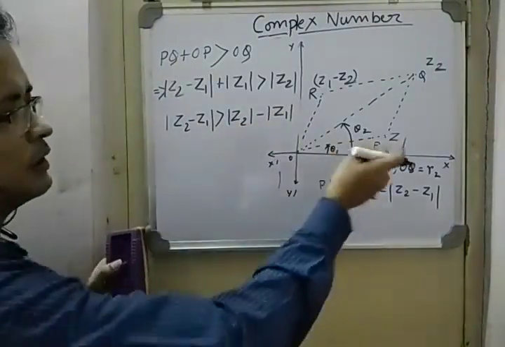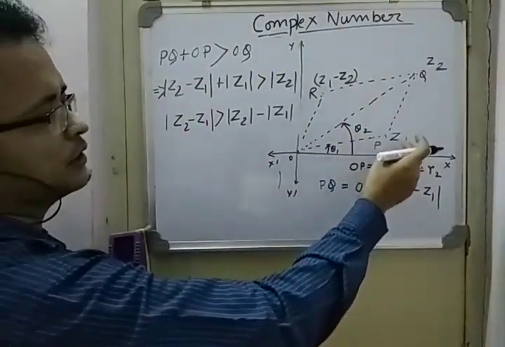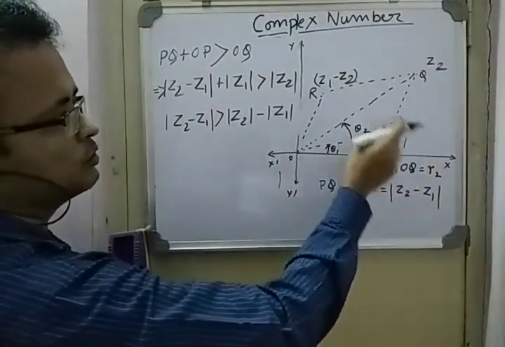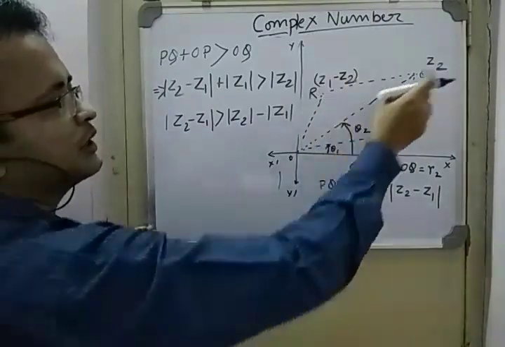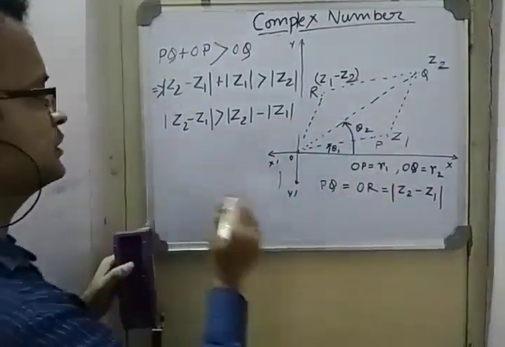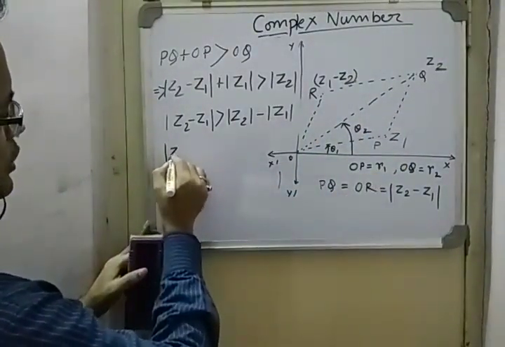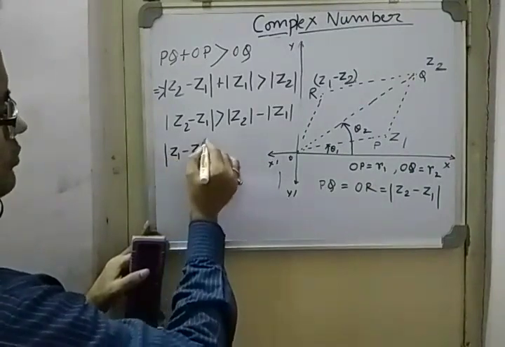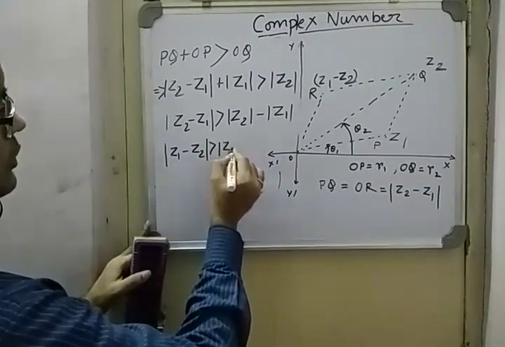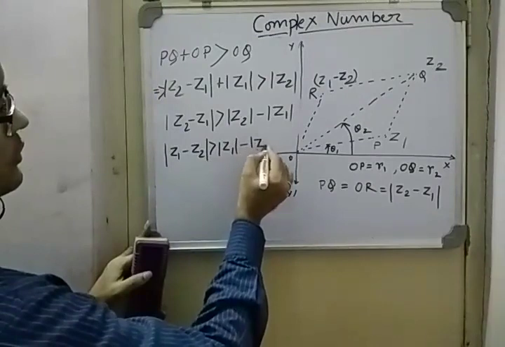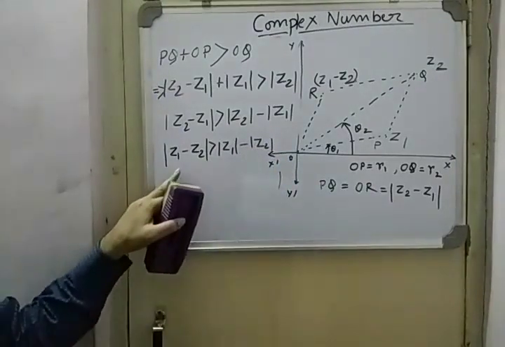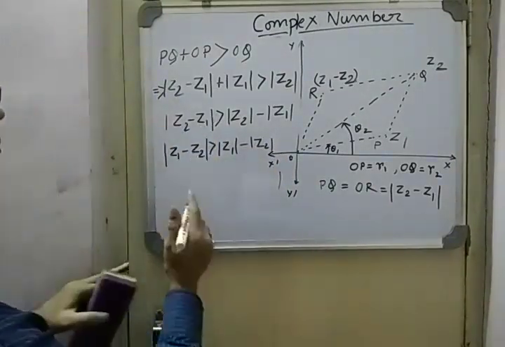Similarly, after reversing this, making this Z1 as Z2 and this Z2 minus Z1, and getting the sum result as Z1, we could have proved mod Z1 minus Z2 in a similar way greater than this minus this. So similarly, combining these two, what can we write?